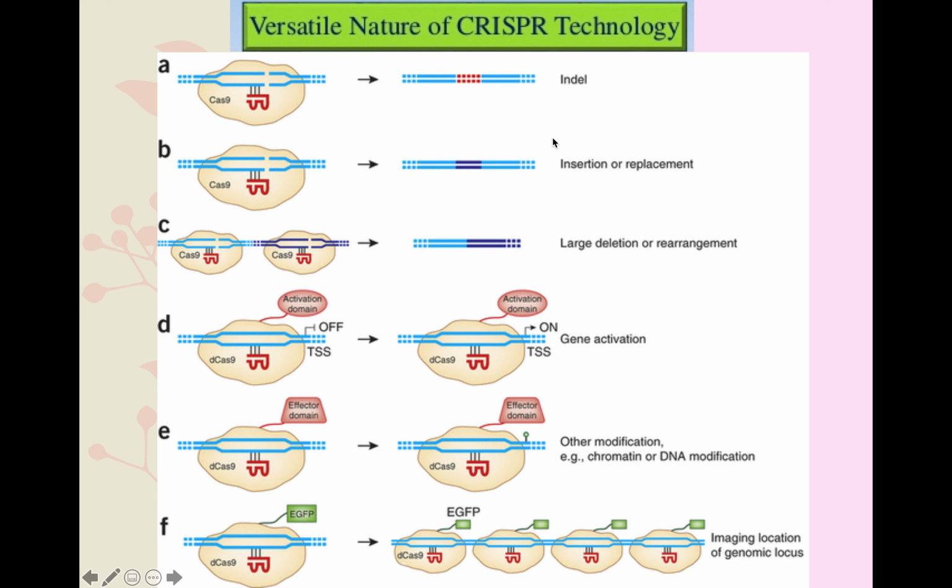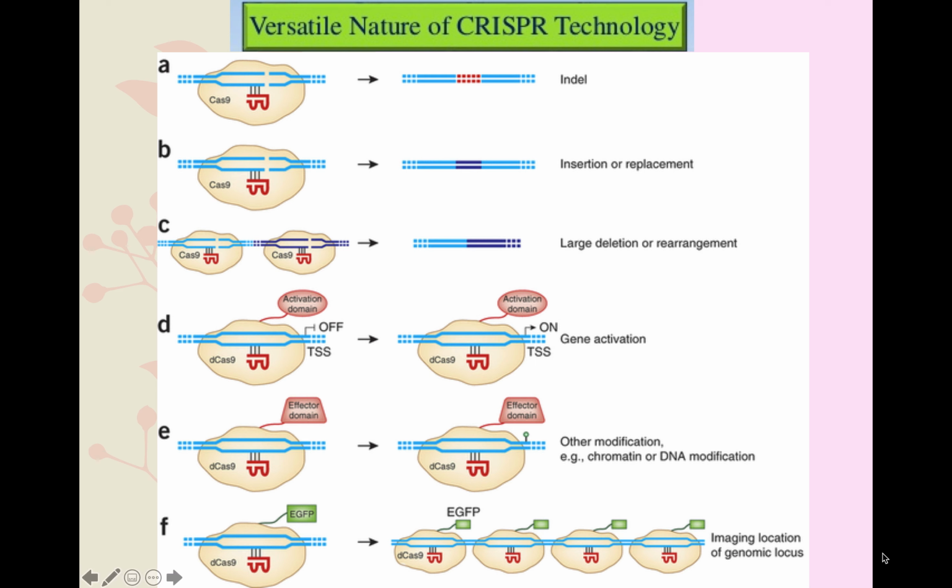It could also be used for insertion or replacement, kind of like swapping. It could also be used for large deletion or rearrangement, if you just want to rearrange them. It could also be used to activate a gene. It could also be used for other modifications, depending on what modification you want to do and the stuff that you are going to do.